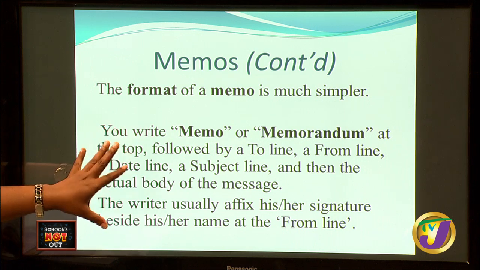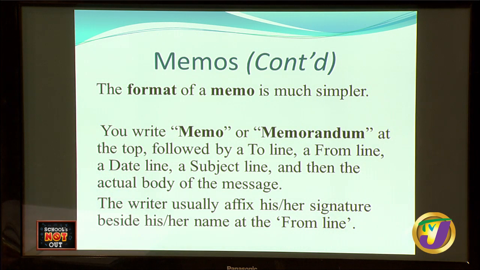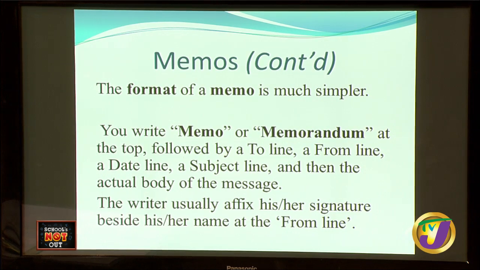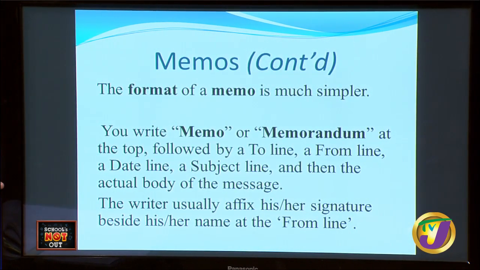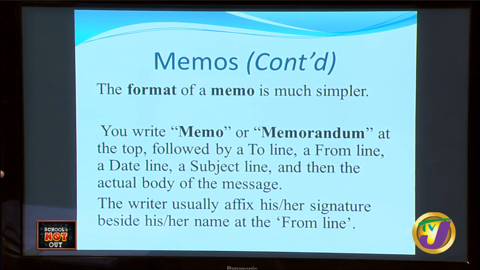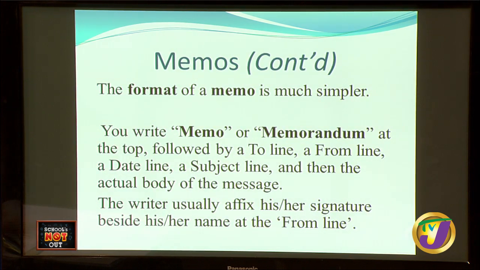All right, so the format of the memo is very simple. You write memo or memorandum at the top, followed by a two-line. So you have your memo, to, from, a date line, a subject line, and then the actual body of the message that you are writing.